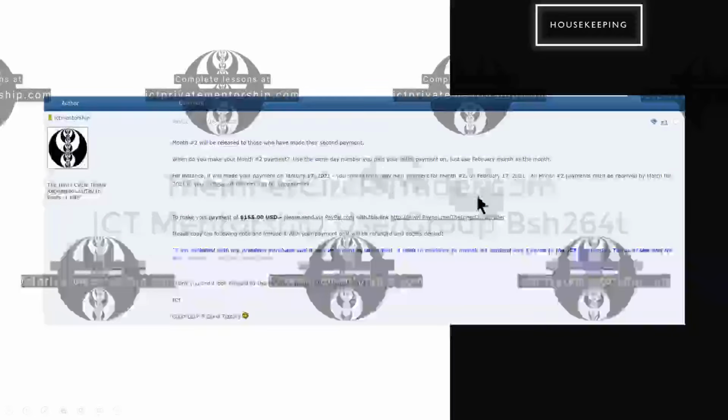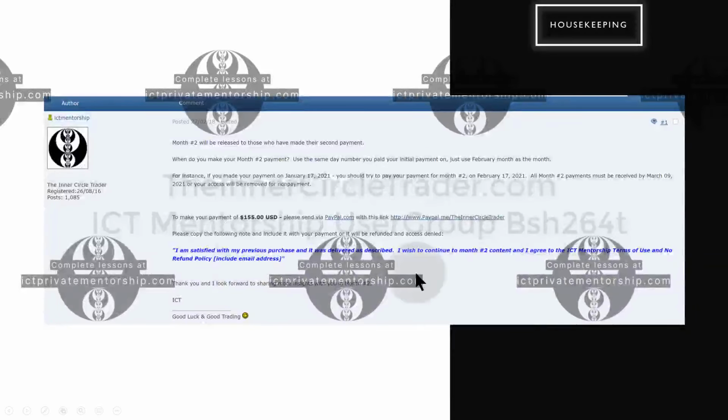Now this post basically outlines the payment note that needs to be part of your month two payment. You do not send the same payment note your first month was sent with. This has to be here. Where it says include your email address, I'm asking you to put the email address that was used at the enrollment. So it's the enrollment agreement email address, and it should be the same thing for PayPal.